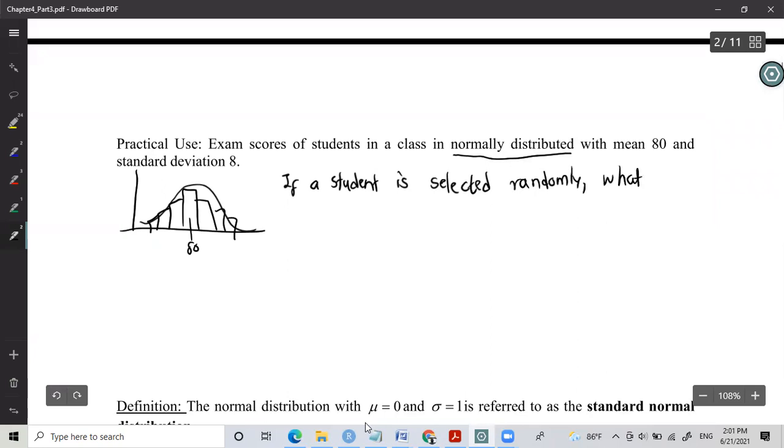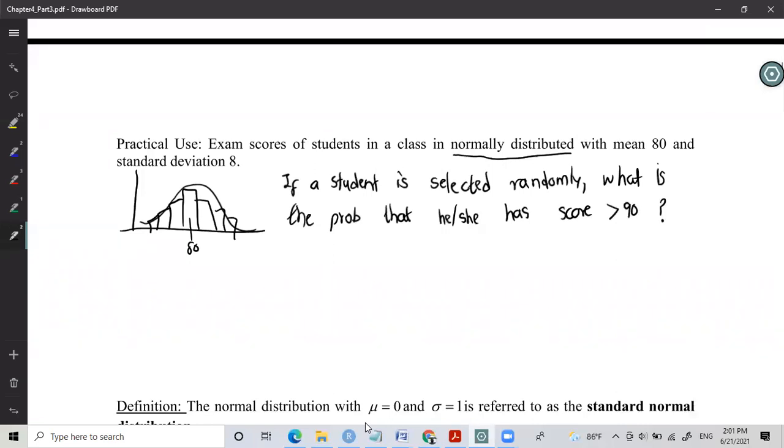What is the probability that he or she has a score greater than 90? If you select a certain student, what is the probability that his exam score is greater than 90? Or the probability that the exam score is less than 60, if the pass fail mark is 60? You should be able to find this type of probability.